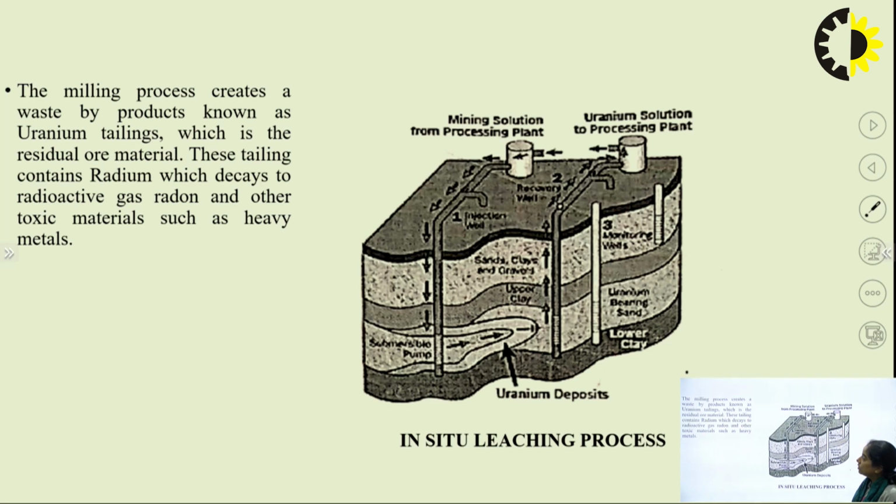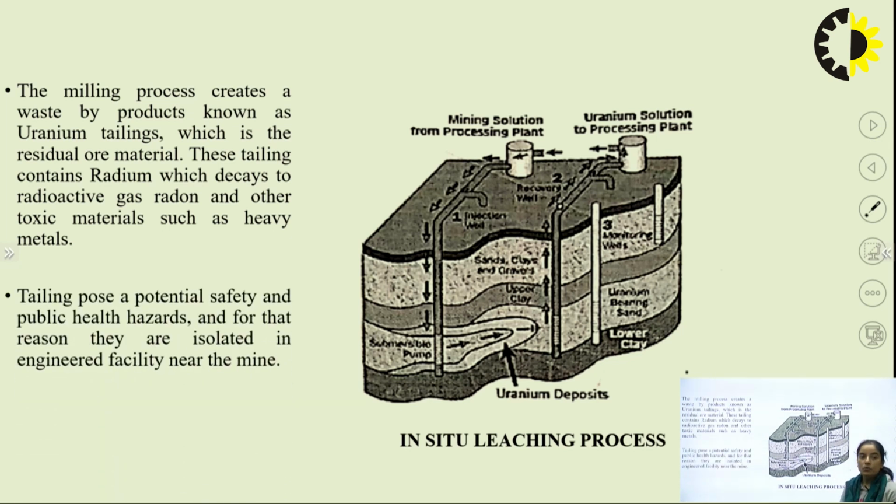So when we send the mining solution to the earth layer, the uranium solution is received at the processing plant, but this also creates uranium tailings, which are waste. These are radioactive elements.